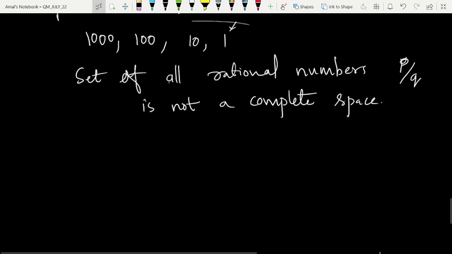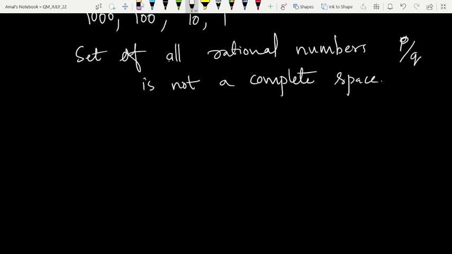because I'm just writing a sequence which is 3, 3.1, 3.14, 3.1415, and if we write this sequence, which is actually a sequence of decimals, it eventually converges to pi.